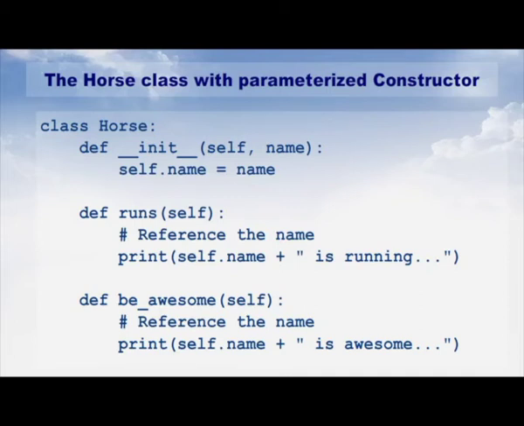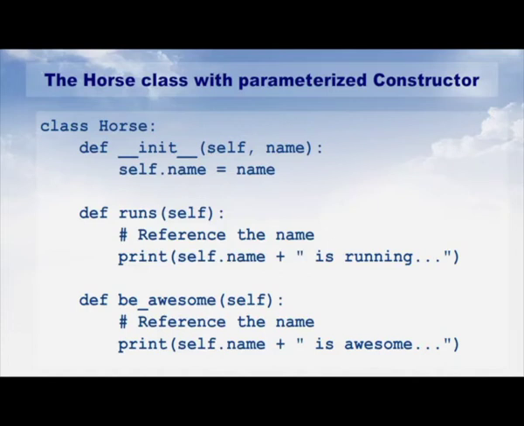So, def init, the first parameter is the self object followed by name, a string. That name is assigned as an attribute of the self object, self dot name equals name. So, we assign a name to the object in the constructor.